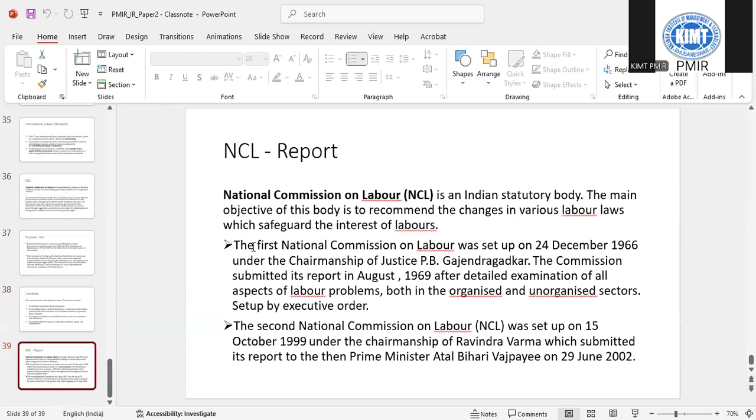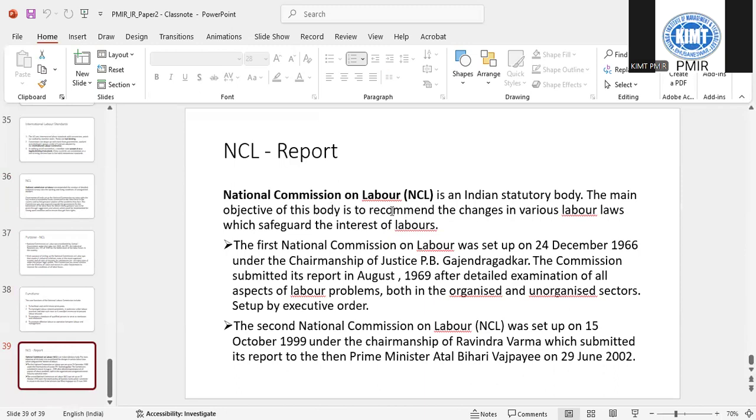So we are understanding these two commissions established, one in 1966, one in 1999. Two national commissions on labor have so far been set up in India after independence. What they did, what the recommendations of the first commission and second commission were, we'll understand in a subsequent class.